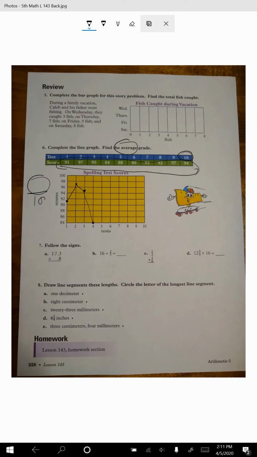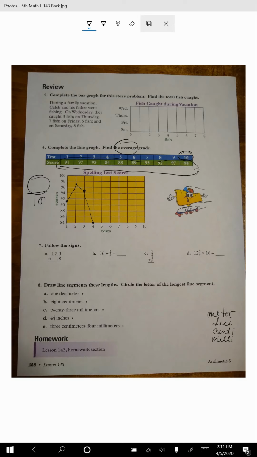Let me just remind you that if you have meters, right? A decimeter is 1/10 of that. A centimeter is 1/100th of that. And a millimeter is 1/1000th of that, right?